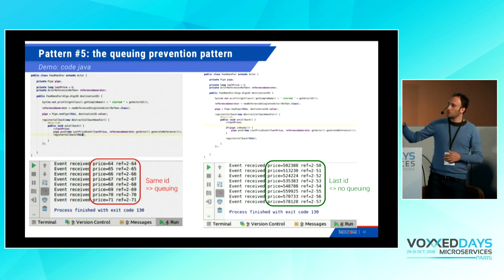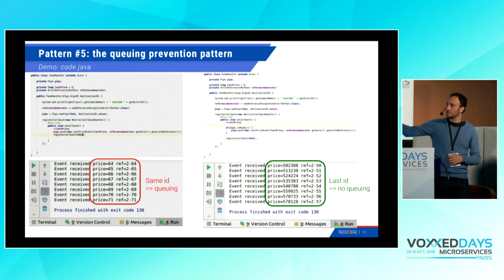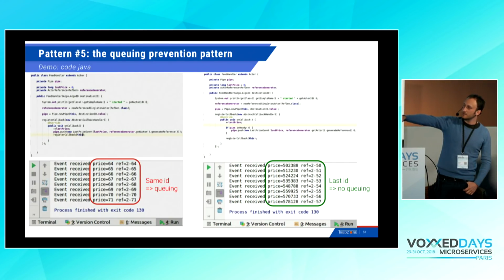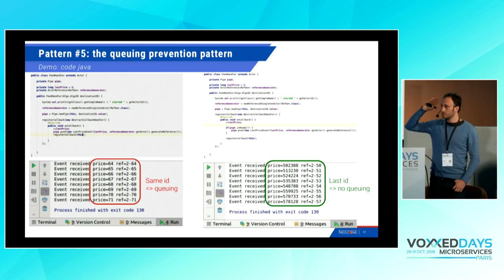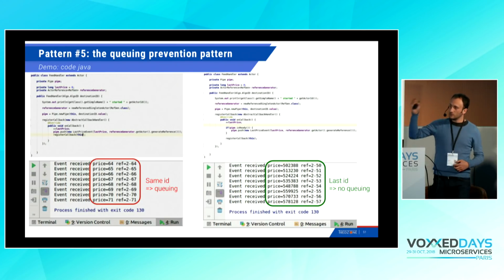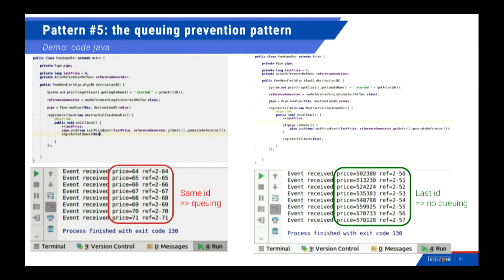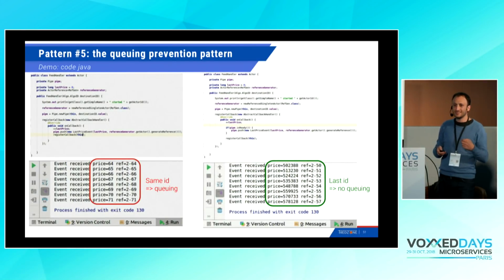This is what you would see in such an example. In the example on the left, you see that I sent lots of prices, but because here you see 71 and 71, it means I have received only 71 messages.